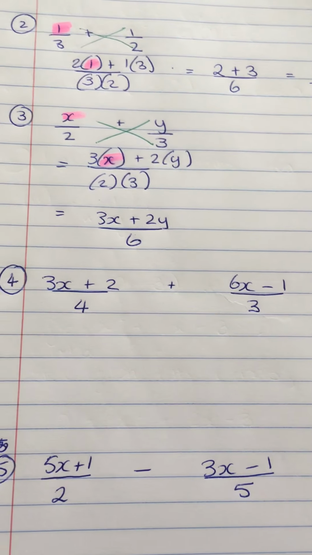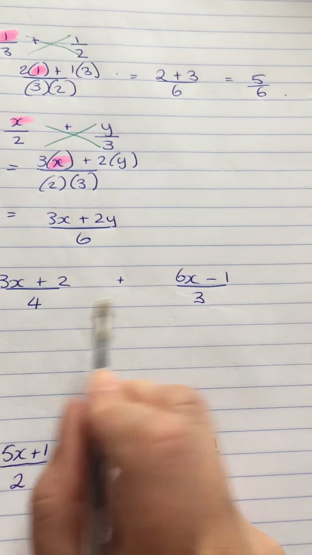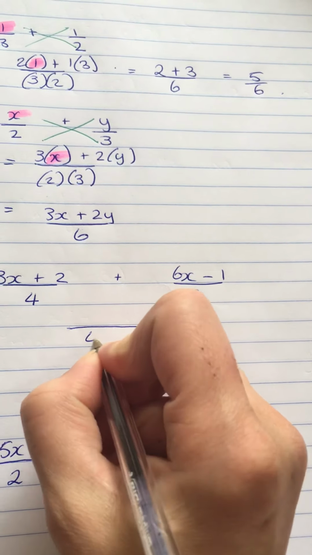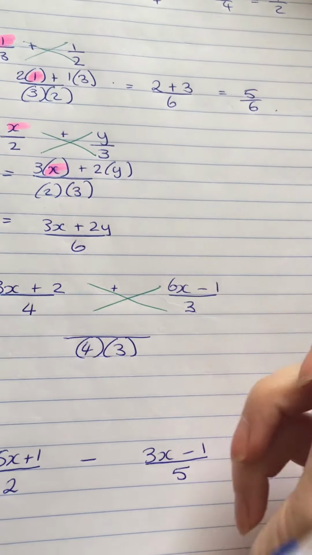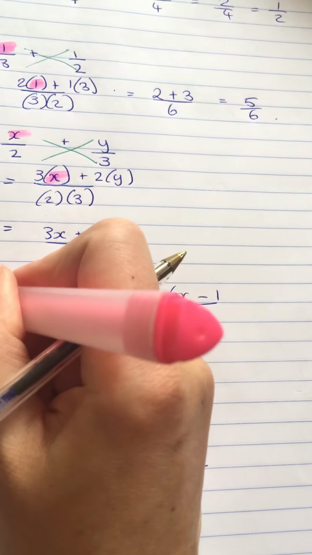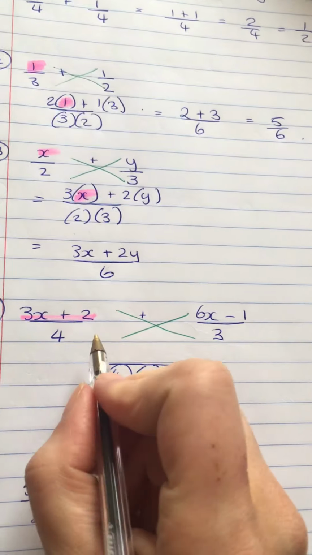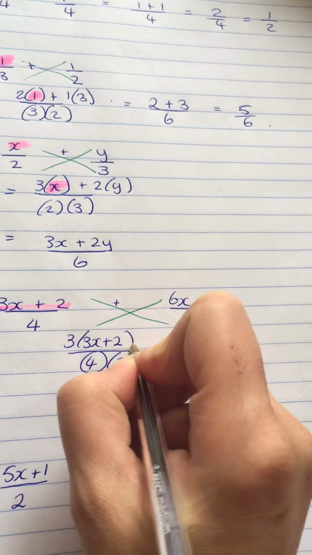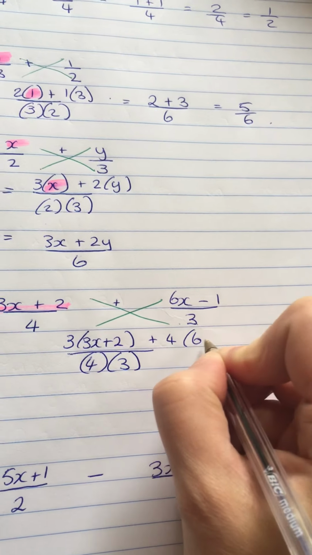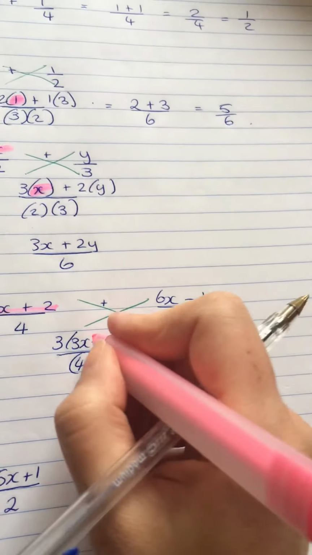The next one: again, we multiply the denominators, so 4 by 3 goes underneath, and cross multiply. I'm going to highlight this one, I want it in the first bracket, so 3 times 3x plus 2, plus 4 times 6x minus 1.